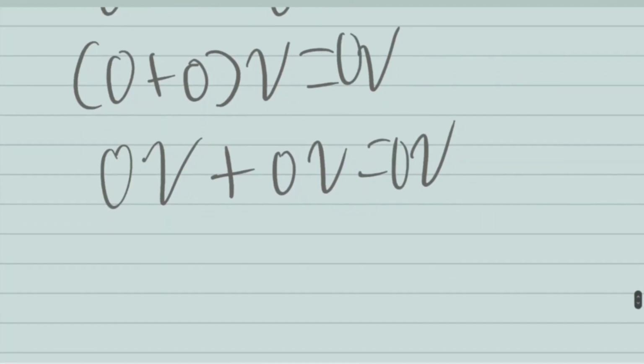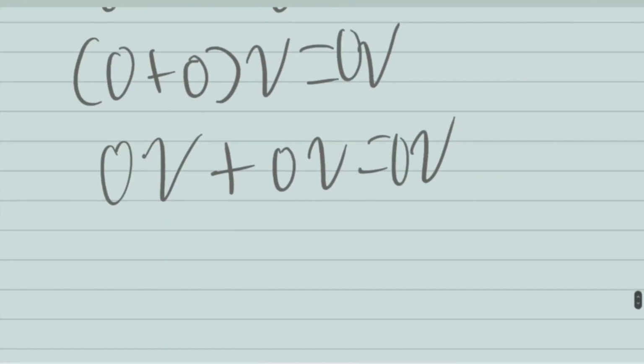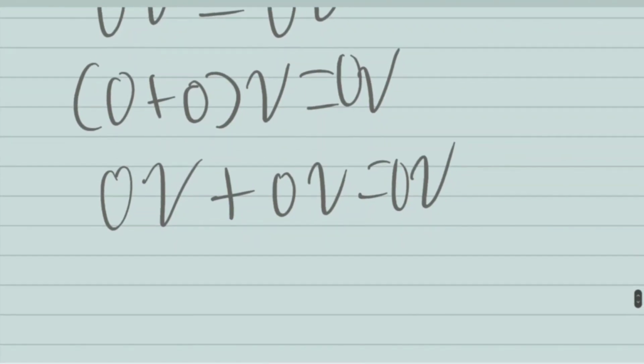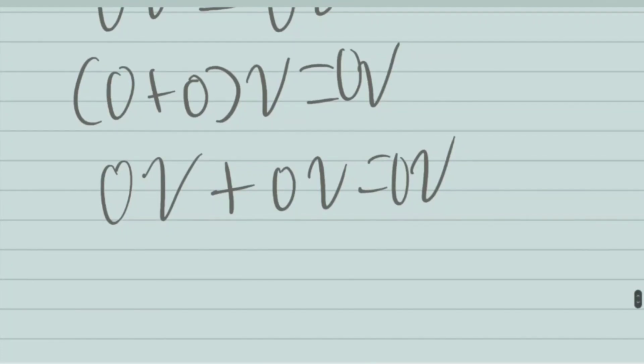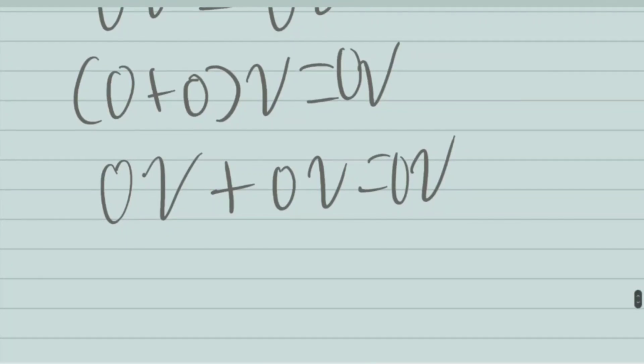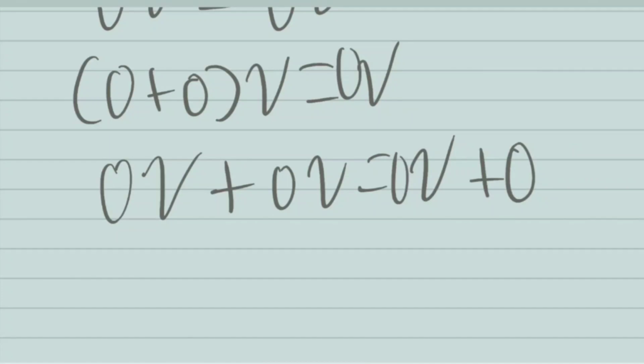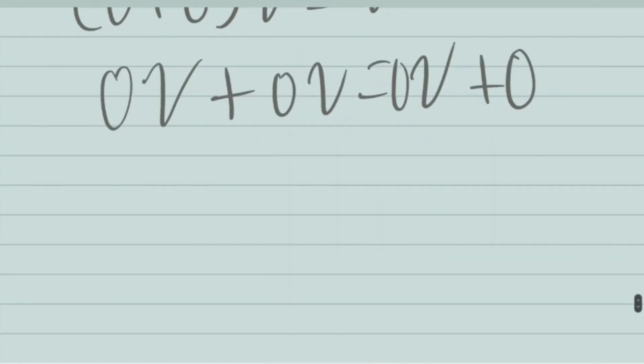I forgot to bring down the 0v. Okay, we're going to add the additive identity to the right side because we know that it doesn't change the value of the side of the equation.